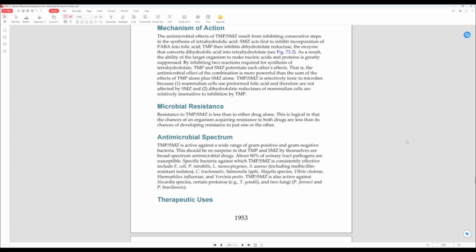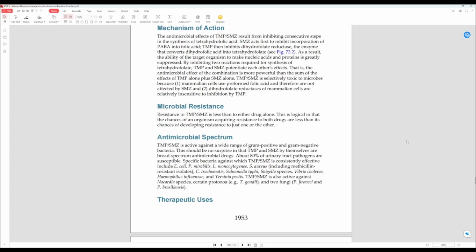Its mechanism of action. The antimicrobial effect of TMP-SMZ results from inhibiting consecutive steps in the synthesis of tetrahydrofolic acid. SMZ acts first to inhibit the incorporation of PABA into folic acid. TMP then inhibits dihydrofolate reductase, the enzyme that converts dihydrofolic acid into tetrahydrofolate. As a result, the ability of the target organism to make nucleic acids and proteins is greatly suppressed.